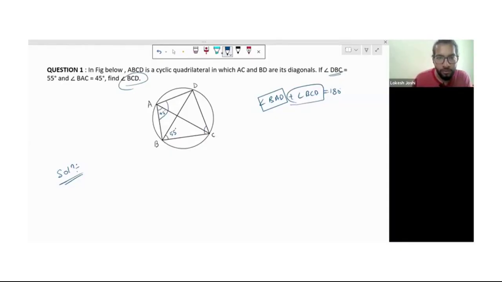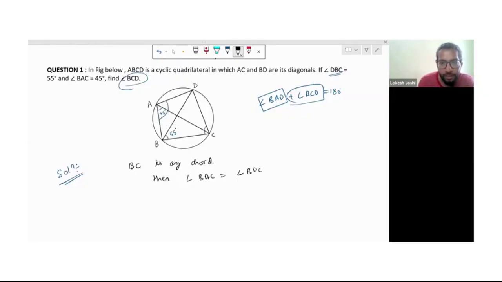So first of all, we have to use the following. As we know, angles subtended by a chord at any points are equal. Suppose BC is a chord, then angle BAC will be equal to angle BDC.